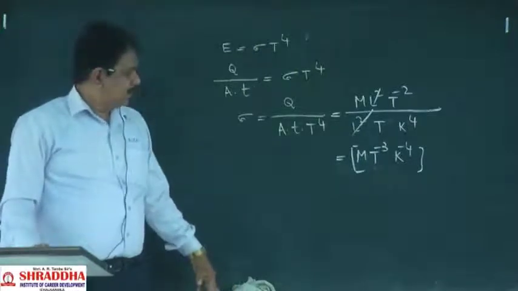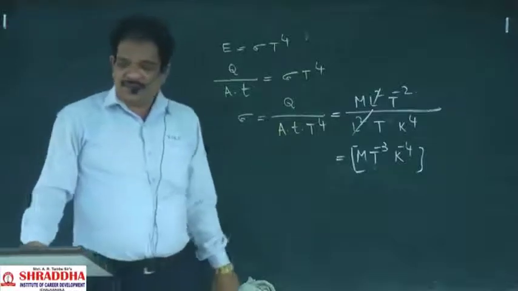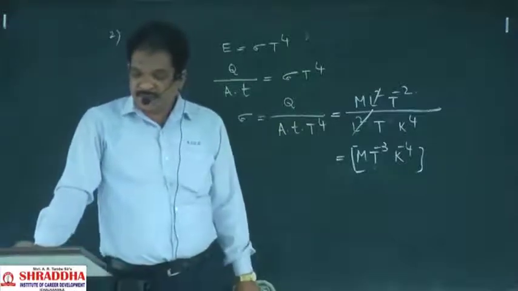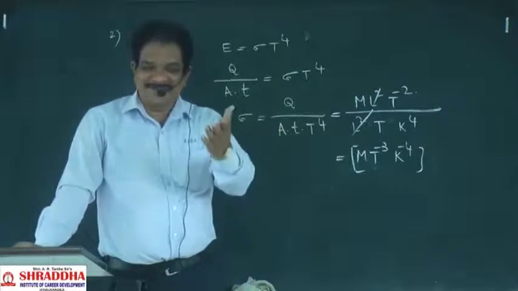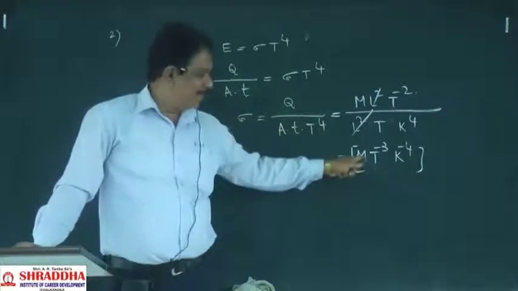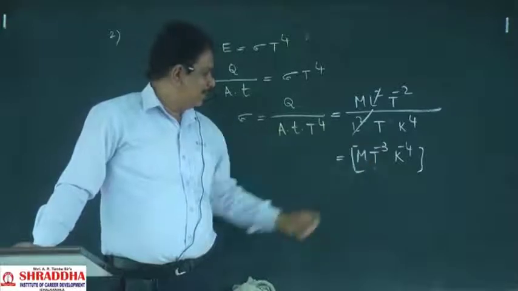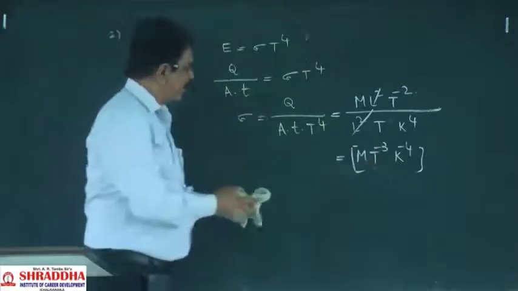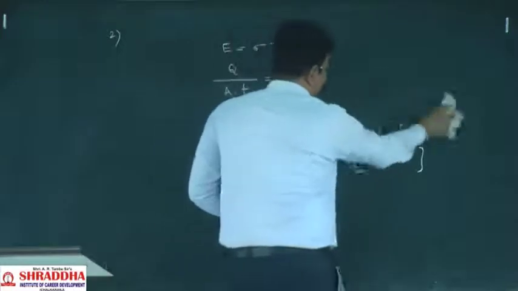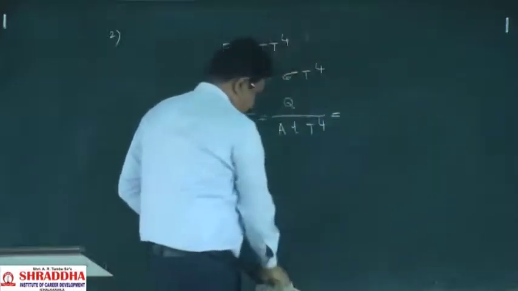Clear? What is the dimensional formula of Stefan's constant? No, they are asking unit here. Wait. Dimensional formula is M T power minus 3, K power minus 4. Now wait, they are asking units here.